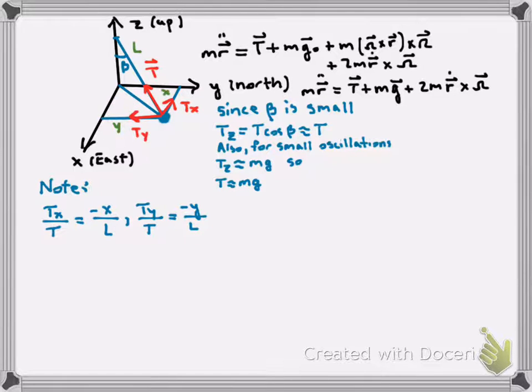And the same thing for the relationship between Ty and T and y over L. We have Ty over T is equal to minus y over L.